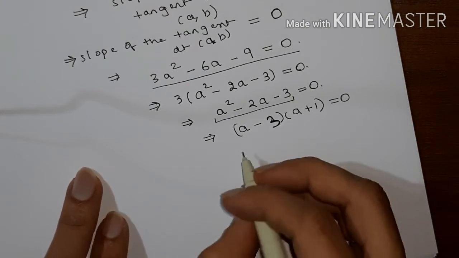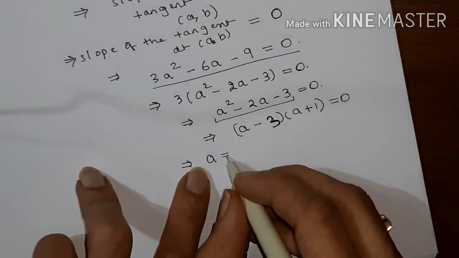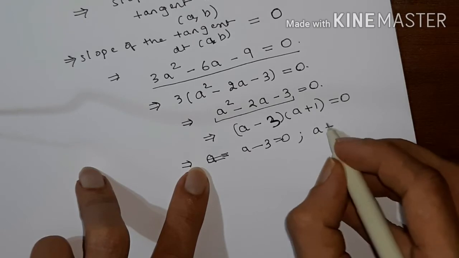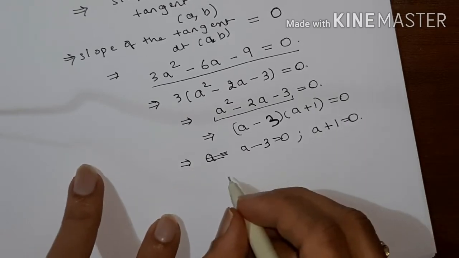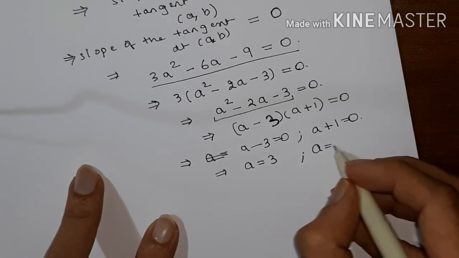These are the factors we get after splitting the middle term. So we get a minus 3 equal to 0 or a plus 1 equal to 0, that means a is equal to 3 or a is equal to minus 1.